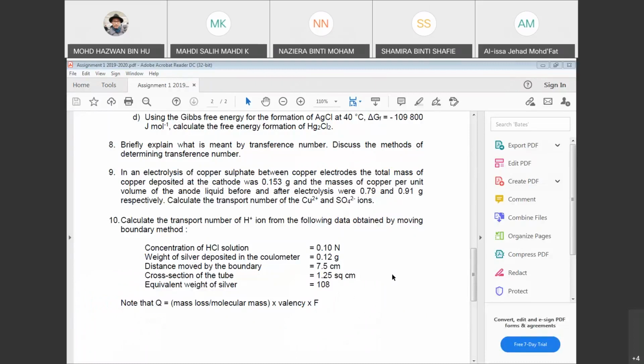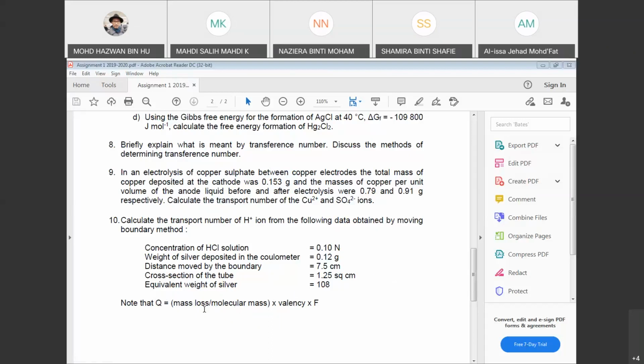You have a distance, you have the S value, you have the L value, and then you have a cross-sectional area, S, which is equal to 1.25 centimeters squared, and then the equivalent weight of silver. Not sure whether you see this one. Is this actually given in the question?